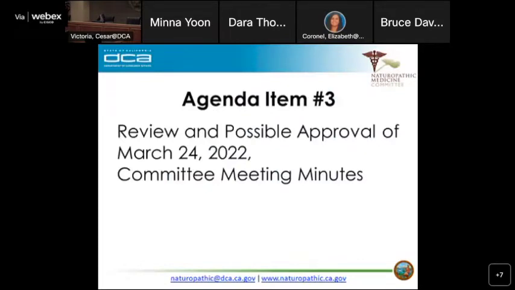And at this point, we're going to move on to our third agenda item, which is the review and possible approval of the March 24th committee meeting minutes. I know that Rebecca sent that out to all the committee members twice. So hopefully everyone's had a chance to review it. Are there any edits that anyone wants to bring up at this point?